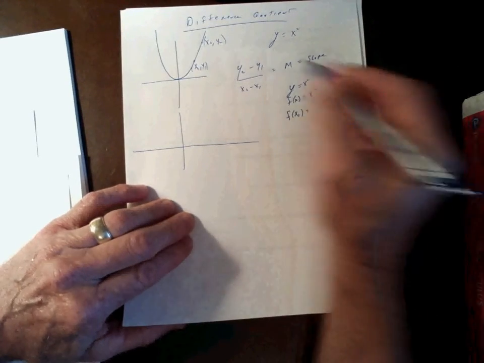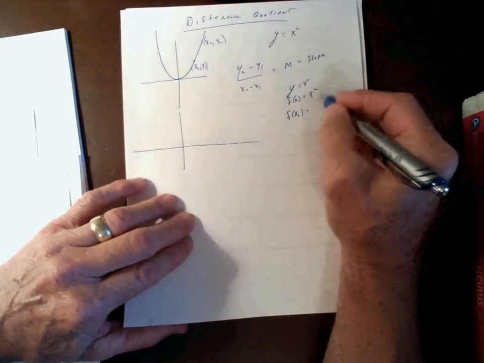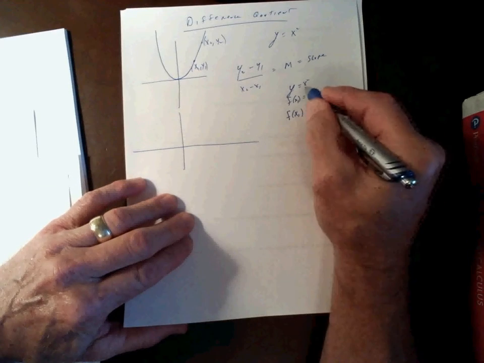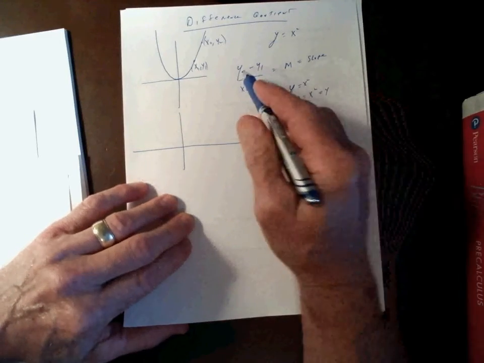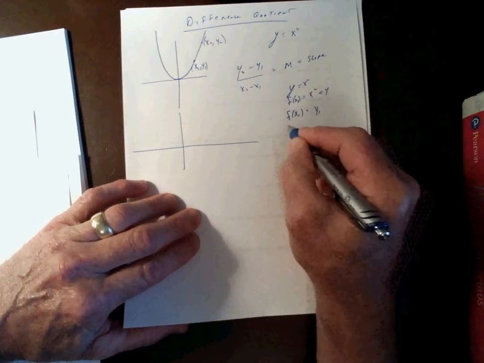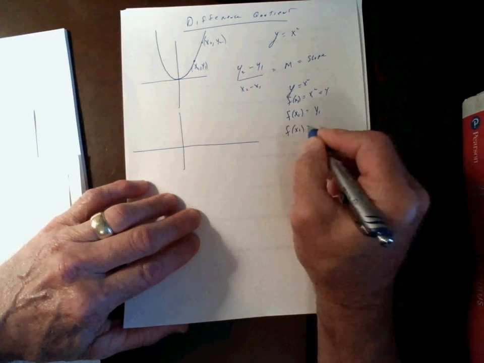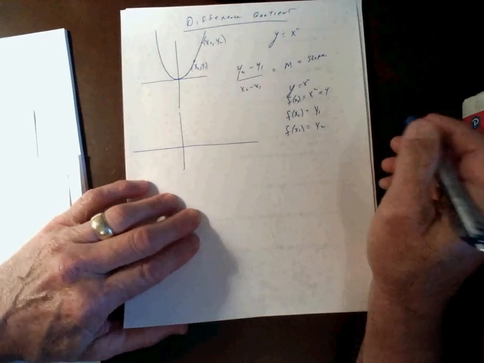So f at x1 will relate to what y is equal to. In this case, that would be the y value of the point. So this would be y1. If I did f at x2, that would be equal to the y value of the ordered pair, which in this case would be y2.